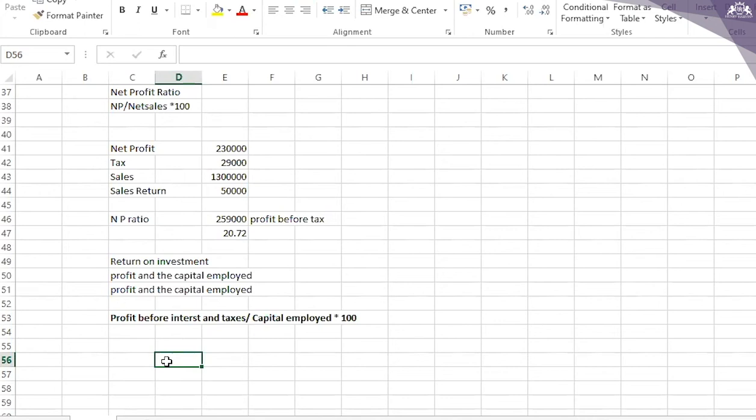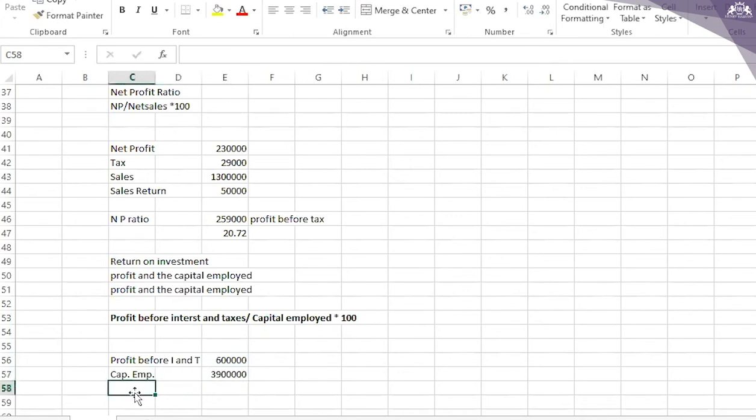Suppose, for example, just a small example, profit before interest and tax is 6 lakhs. Capital employed is 39 lakhs.